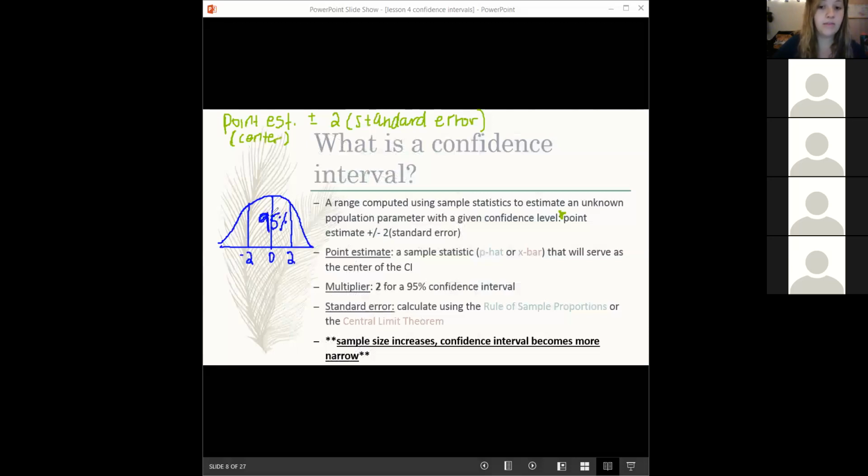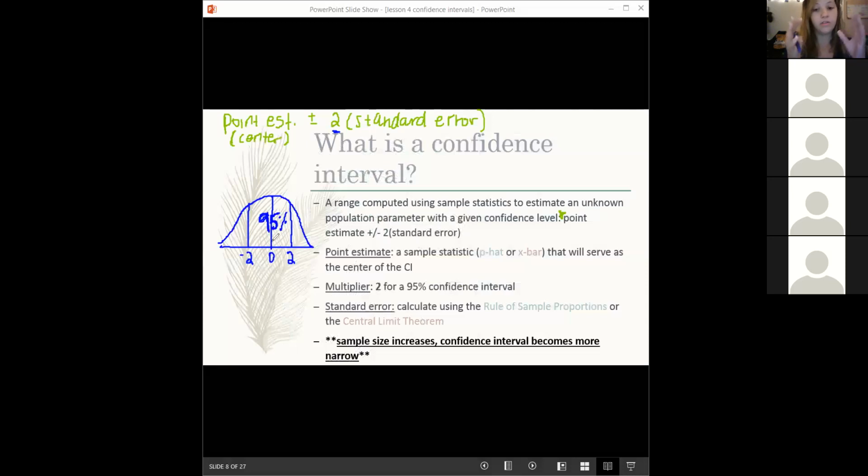So 95% of our data lies within plus or minus 2 standard deviations. So we multiply by 2 because we're finding how far out on your sampling distribution is 2 standard deviations out. If you go out 2 standard deviations to the left and the right, that gives you 95% of your data in the center.